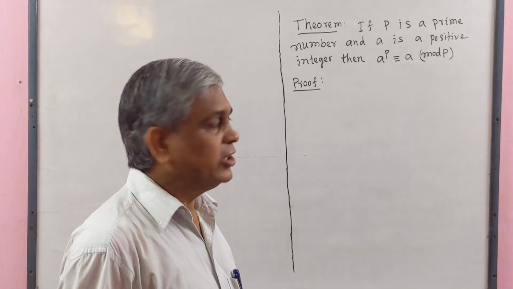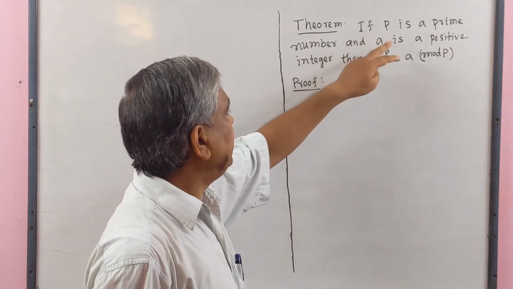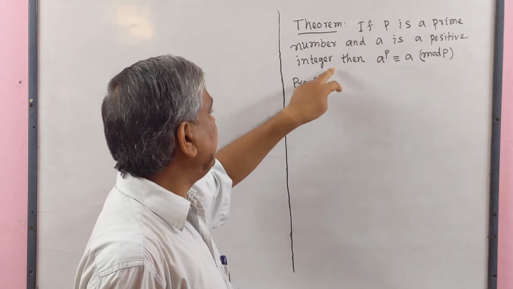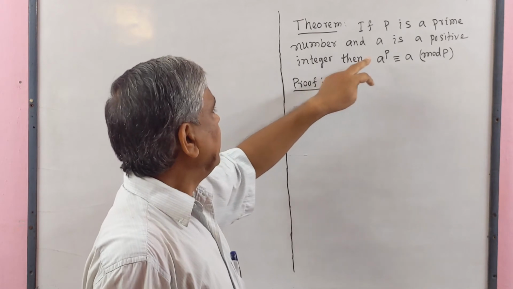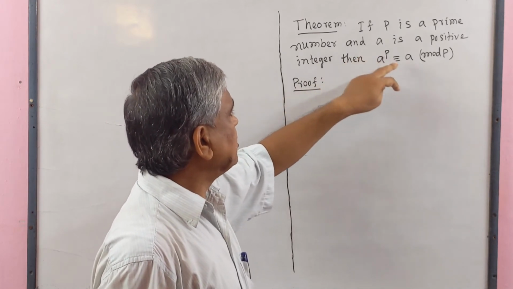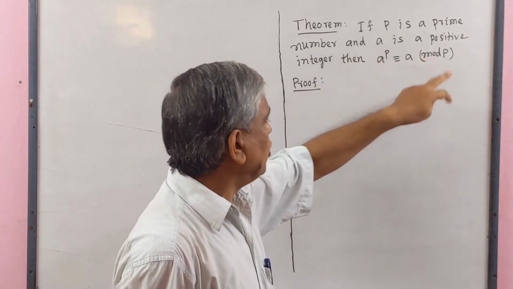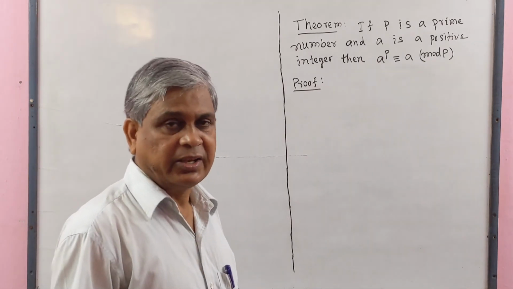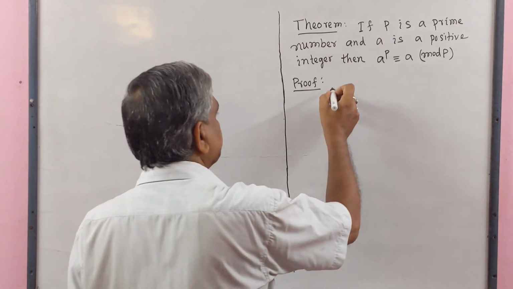Now we prove a theorem. The theorem is: if p is a prime number and a is a positive integer, then a to the power p is congruent to a modulo p. We prove this theorem in two cases. Case 1.